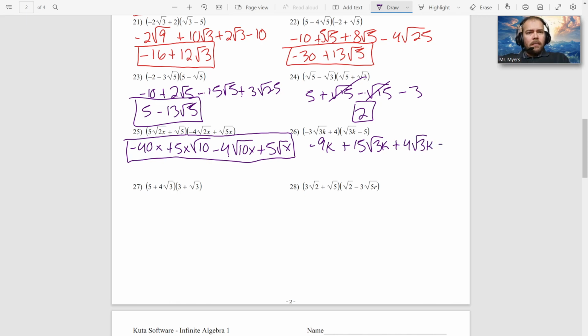And here we've got minus 20. Well, now we've got some middle terms that go together. They're both root 3k's. The first and the last don't go together, though, because that has a k, right? Like the standard not like terms kind of deal. Those are not like terms, so those don't go together. But these guys do. 15 plus 4 is 19 root 3k. And that's as far as we can go there.